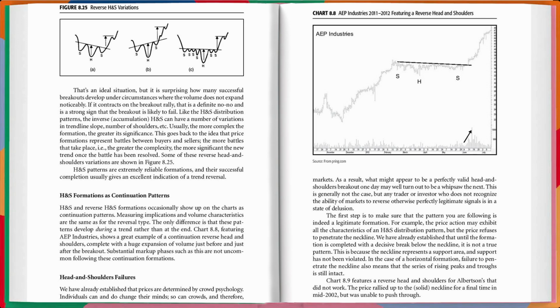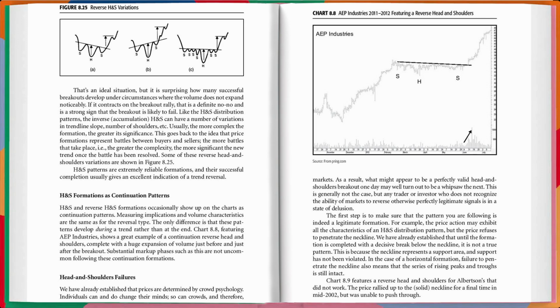Like the H&S distribution patterns, the inverse accumulation H&S can have a number of variations in trendline slope, number of shoulders, etc. Usually, the more complex the formation, the greater its significance. This goes back to the idea that price formations represent battles between buyers and sellers.